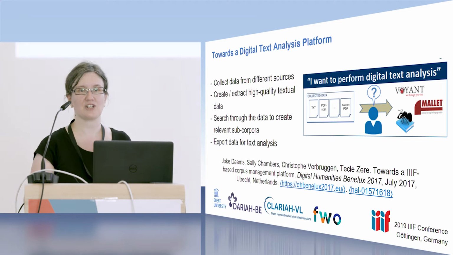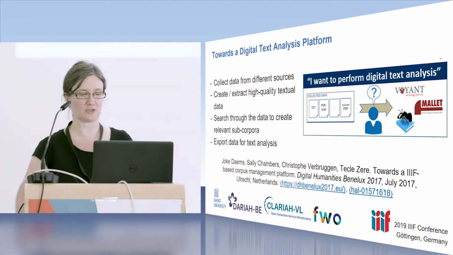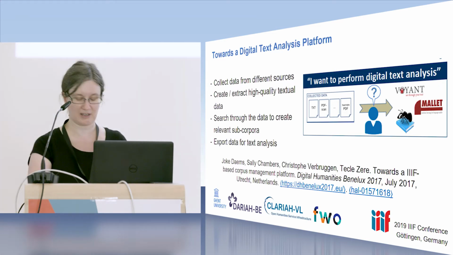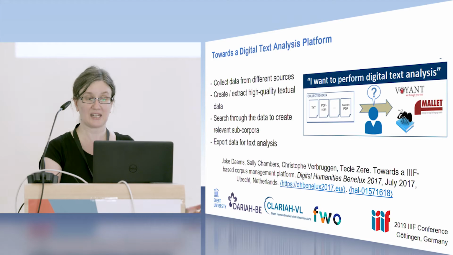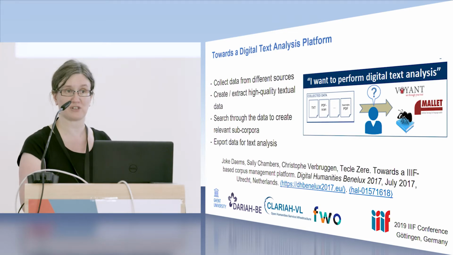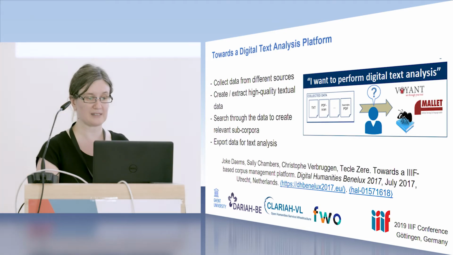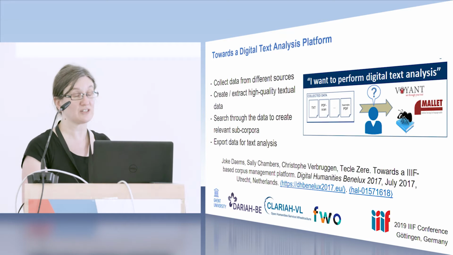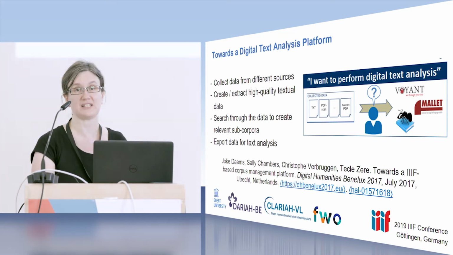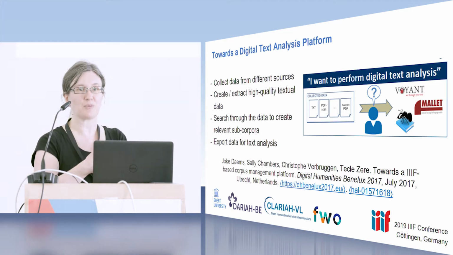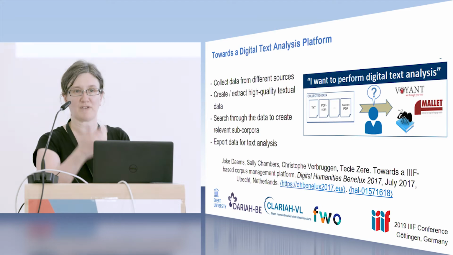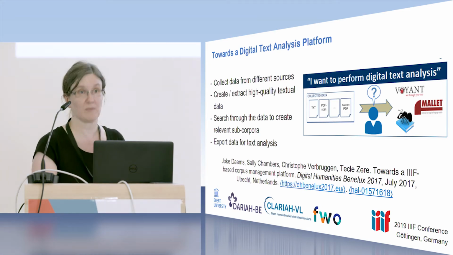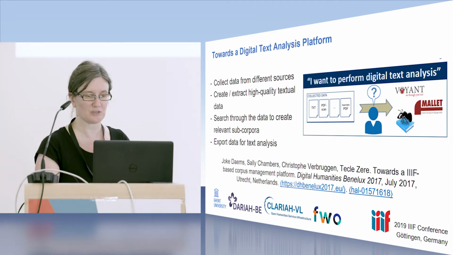If a researcher comes along and says, I want to perform digital text analysis, they need to take a number of steps. They need to collect data from different sources, often different libraries. They need to create or extract high-quality textual data. For example, they need to transcribe or have an OCR of, here, a historical newspaper.